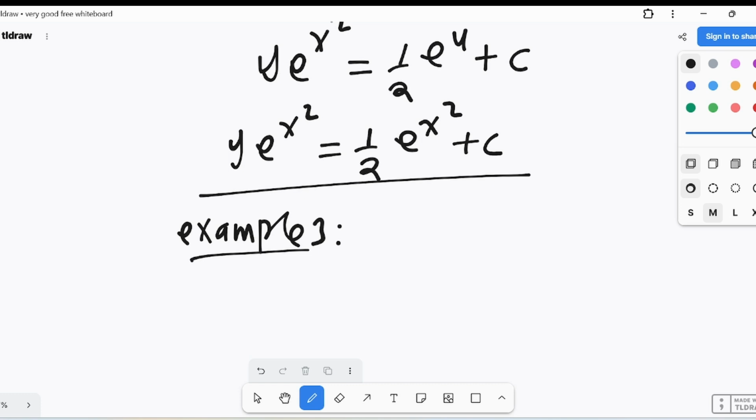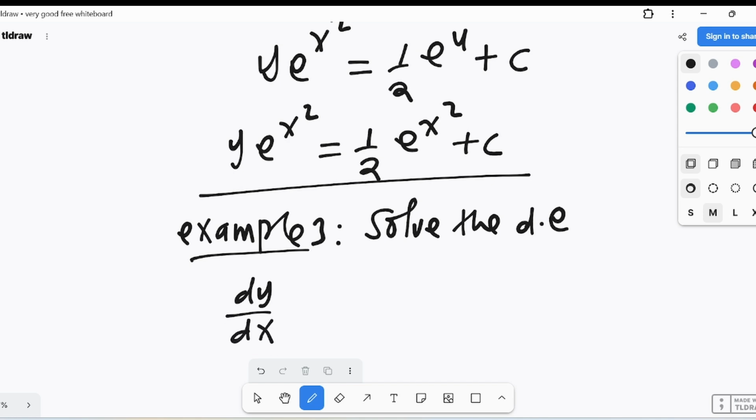Such that you understand. Now we have: solve the DE. So we have dy by dx minus y tan of x is equal to x.